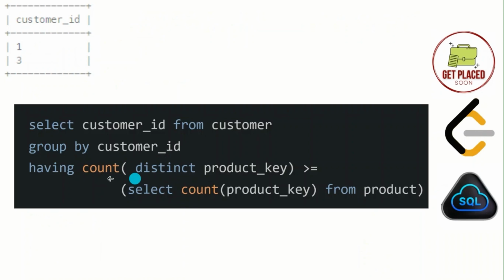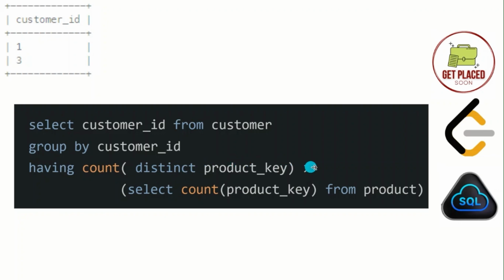Now we are using the having clause, having count of distinct product_key. Why we are using distinct is that the customer might have bought the same product multiple times. You might buy the same item multiple times. That's why we are using the distinct keyword.